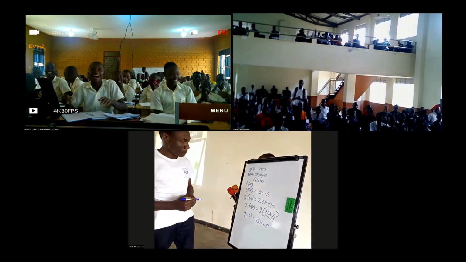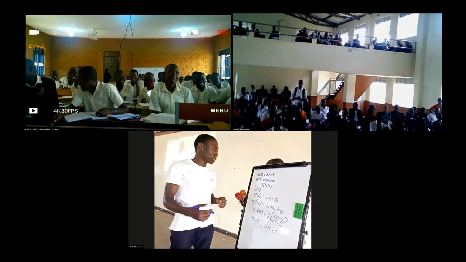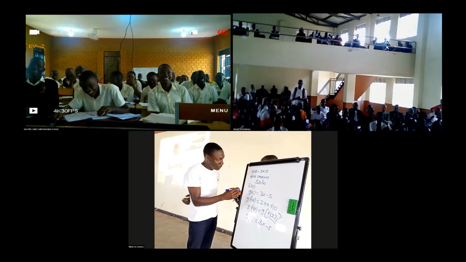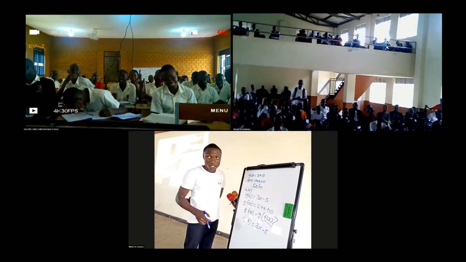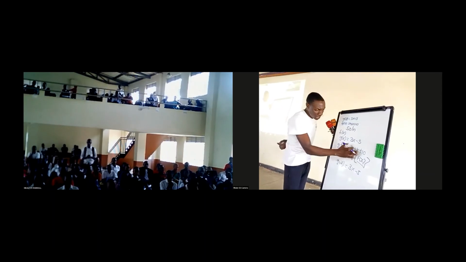Before you continue with this, you ask yourself how we got g of f of x. To get g of f of x, we got the function of f of x and we put it in the function of g of x. And I think she has done it very well. She has told that g of f of x is equal to g into f of x.